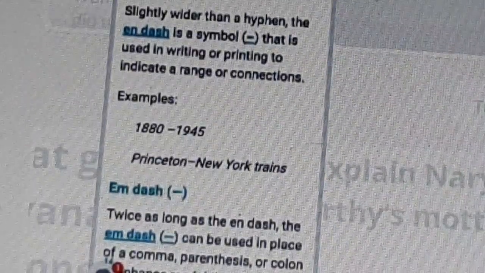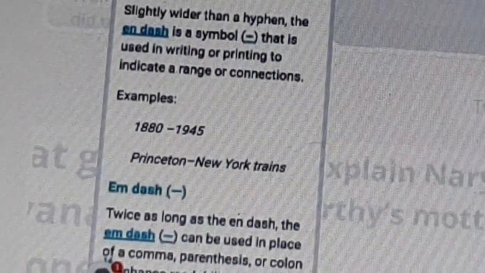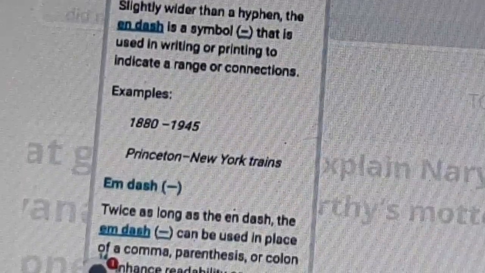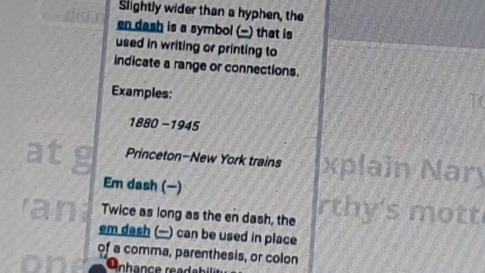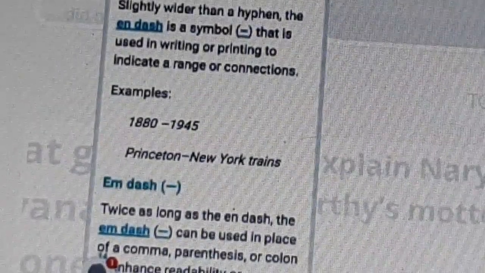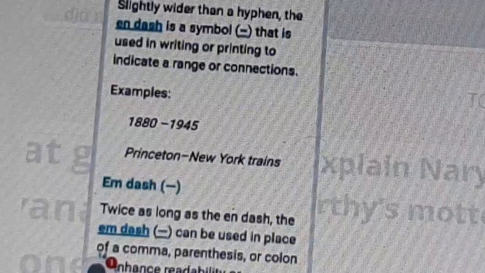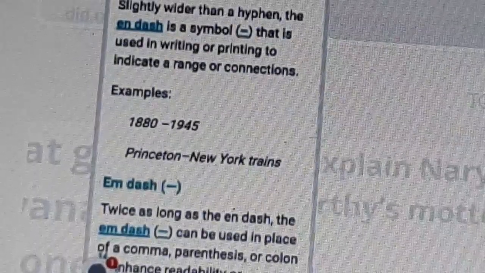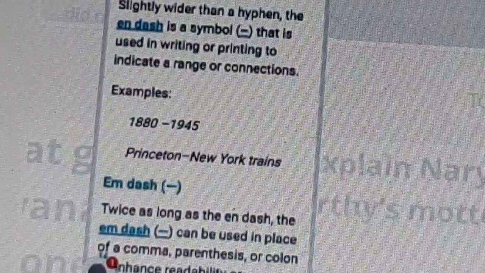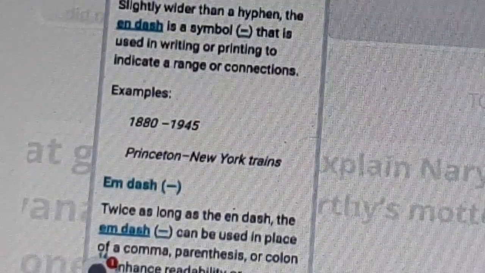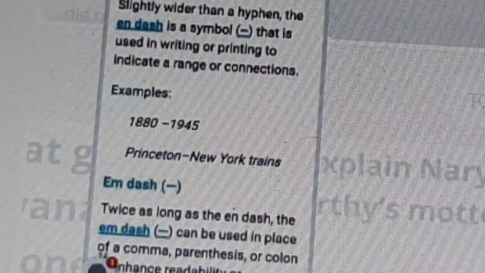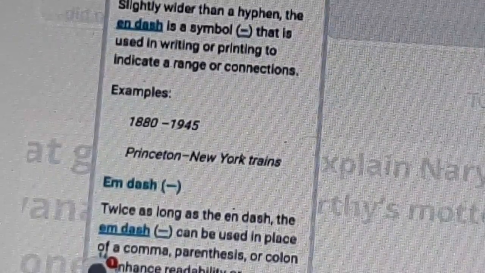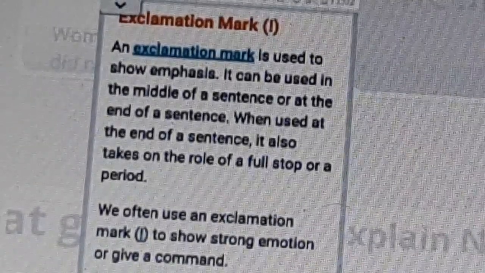Example, 1880–1945. There we put it between the years. Princeton–New York trains. Here we put an n dash between Princeton and New York trains. M dash, twice as long as the n dash. The m dash can also be used in place of a comma, parenthesis or colon.